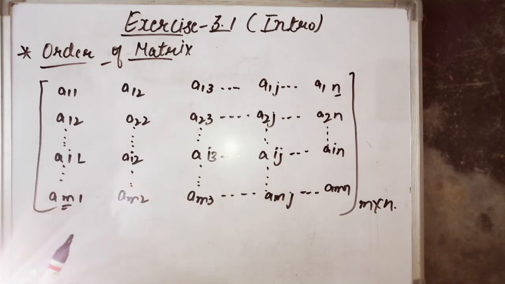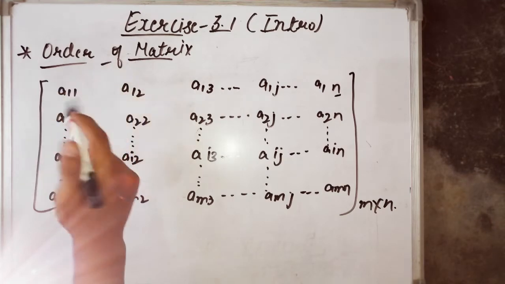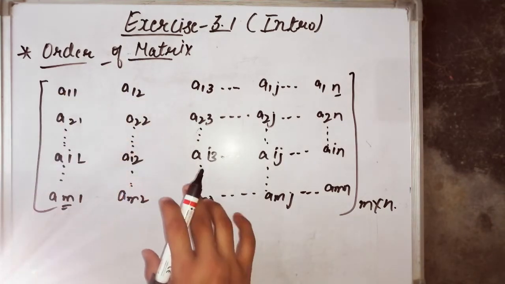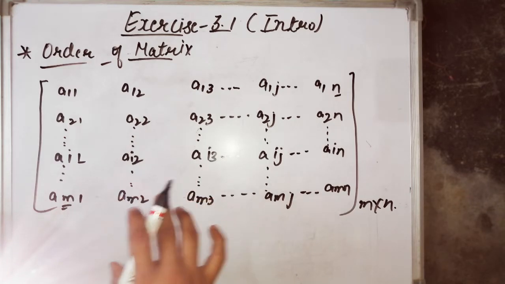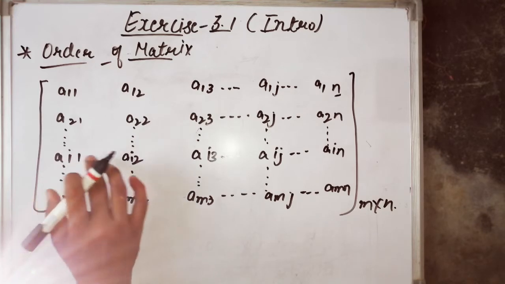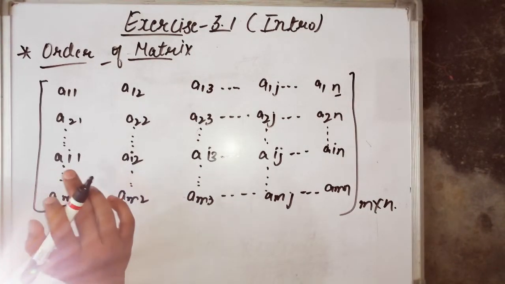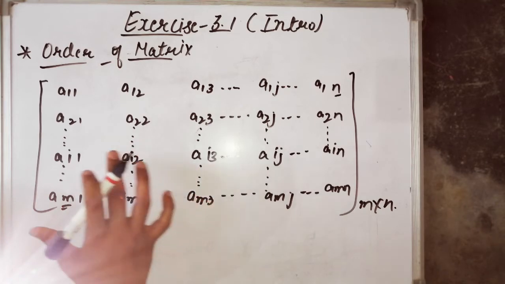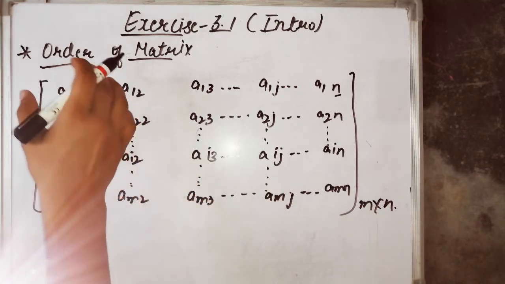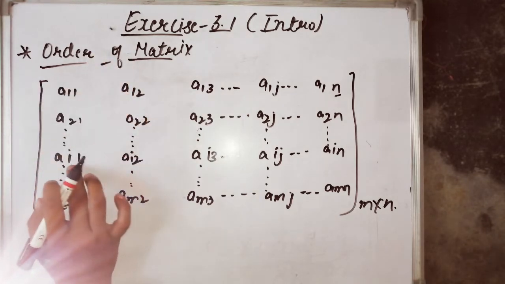I'm sorry for the mistake here. a21 will come because it is in the second row and the first column. Here a31 should come because it is in the third row. For a moment, see that I have made dots, which means that this matrix goes on. We don't have an ending point for now.